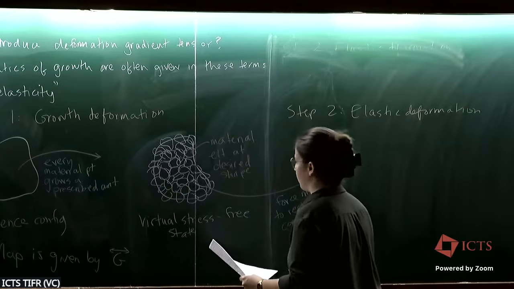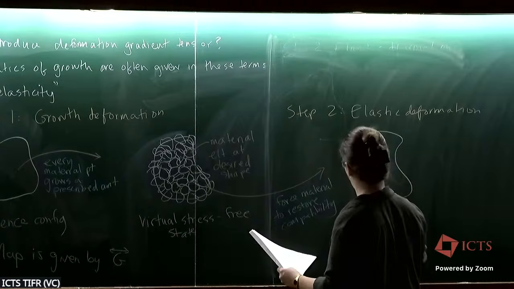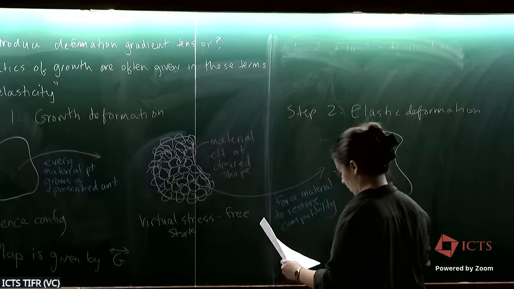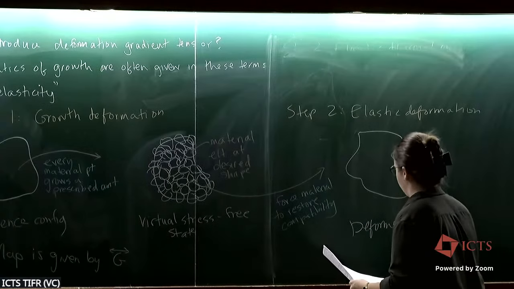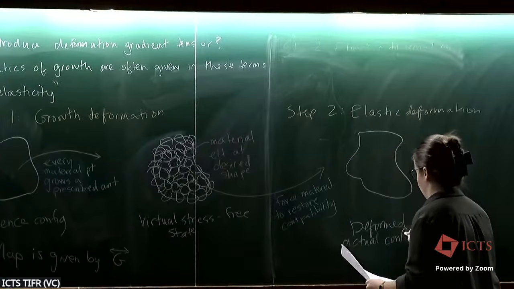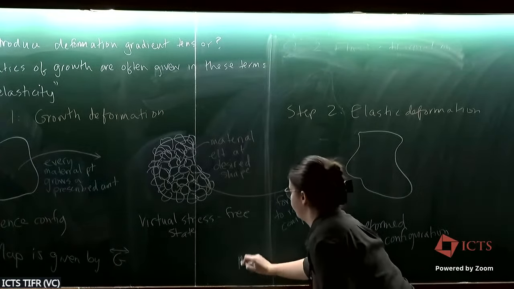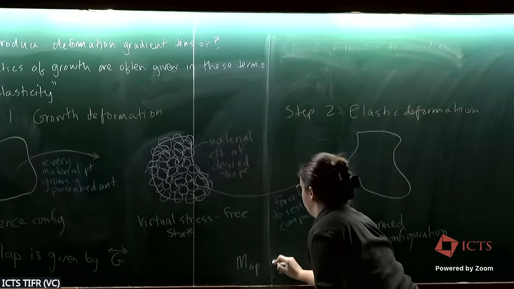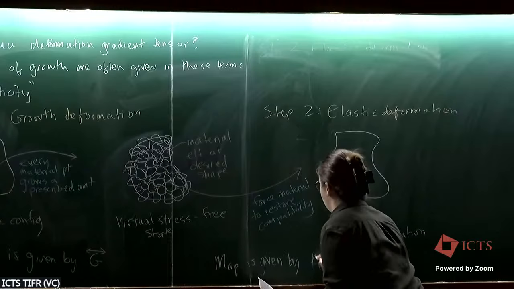And this is going to give us some other configuration, which is our deformed actual configuration. And this map is given by a tensor that we'll call A.